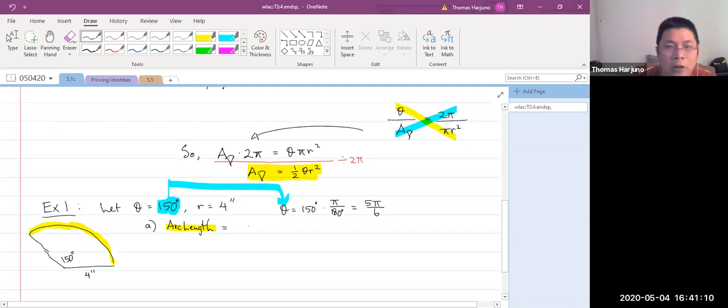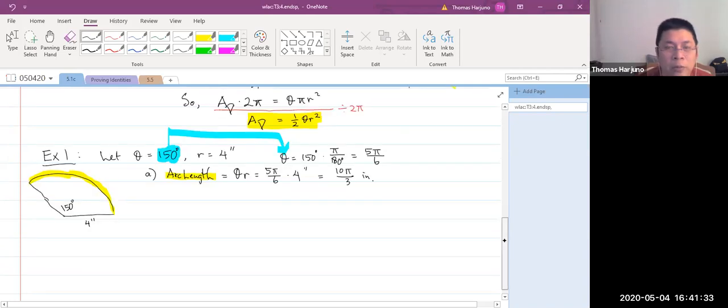The theta has to be in radian though. 5 pi over 6 times 4 inches. That will be 10 pi over 3 inches. So the length of that yellow arc there will be 10 pi over 3.